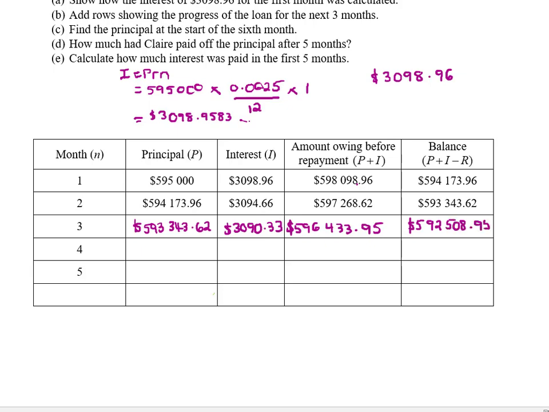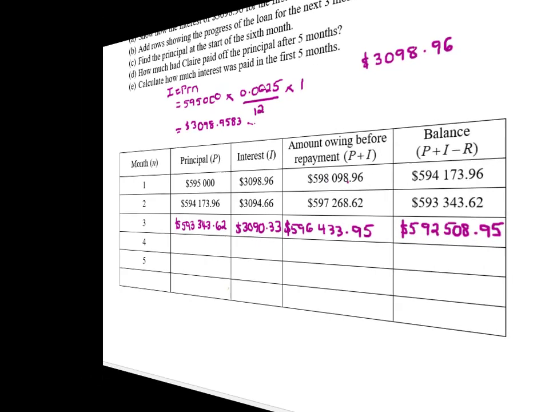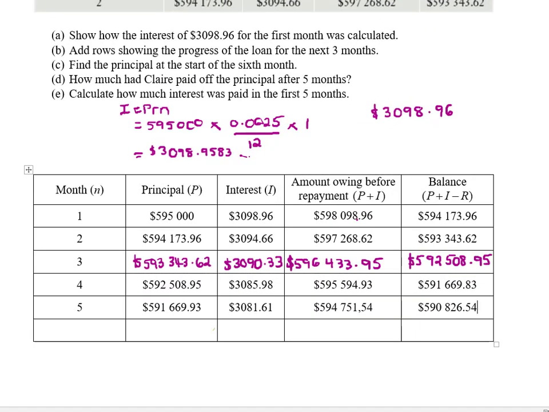So what I'd like you to do is pause the video and see if you can fill in the rest of the table. So now you can see I've filled in the table and you can check that you have done that correctly. Part C now says, find the principal at the start of the 6th month.